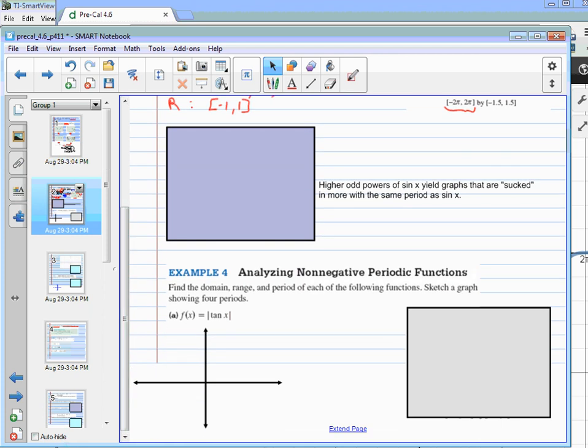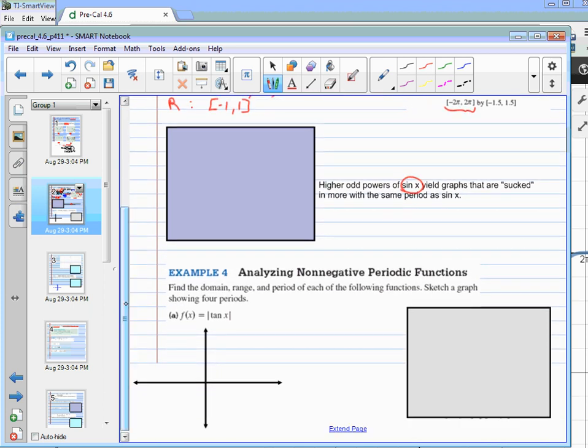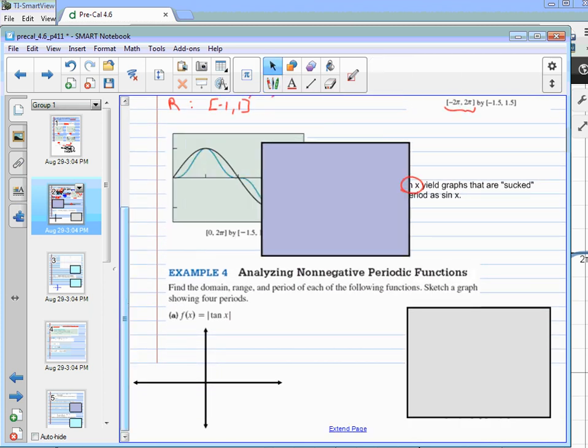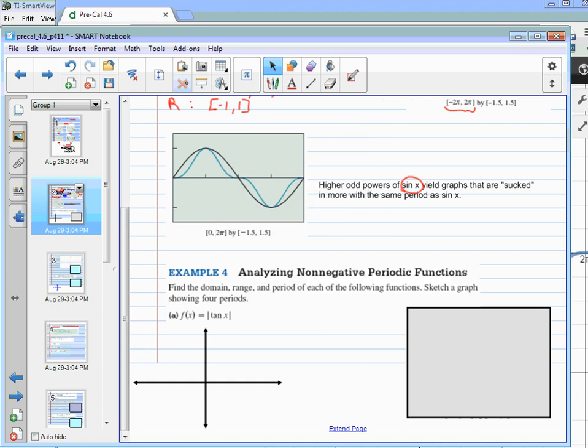Now, looking at powers of x, we had sine cubed of x back over here. Sine to the 4th, 5th, 6th, or 7th all have a unique shape that goes along with them. Let me clear that out. This blue one was the sine cubed. The black one is the normal sine graph.